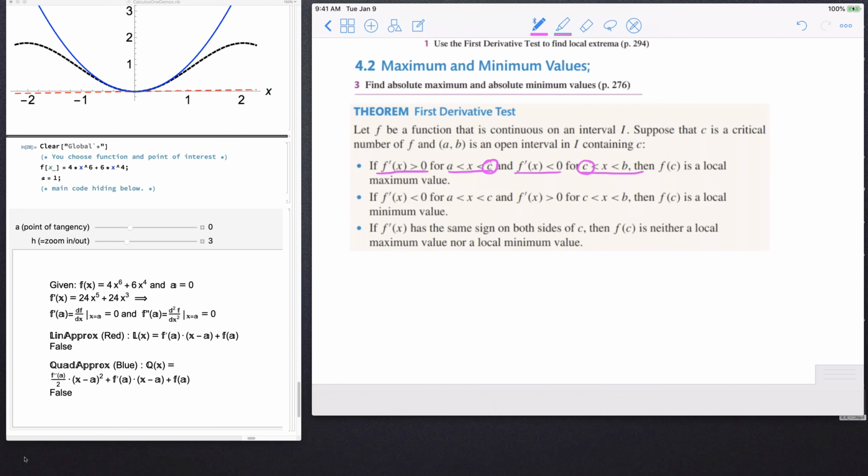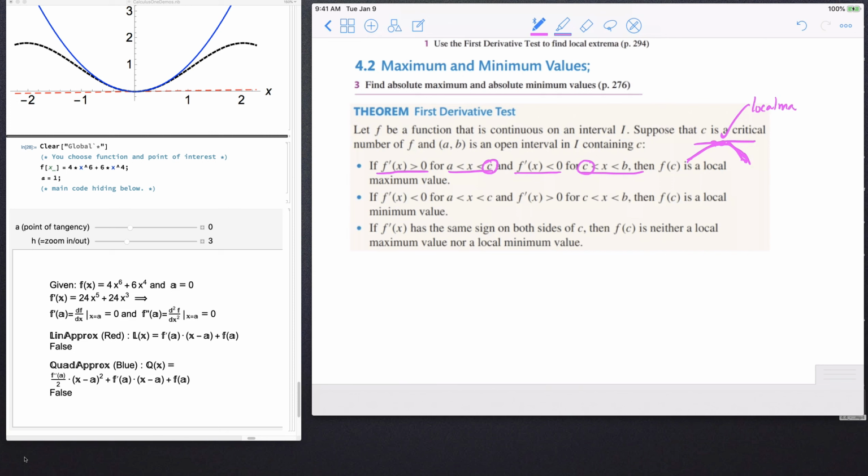So the first derivative changes sign at c from a positive to a negative number. It means that the function has to go from increasing to decreasing, and therefore you have a local maximum of your function.